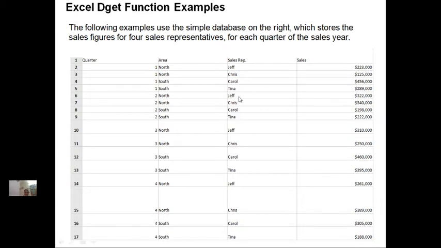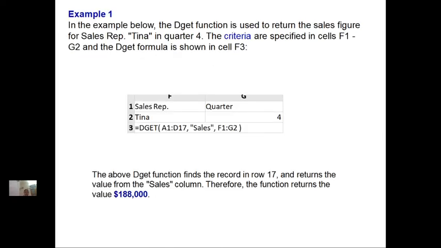For explaining the DGET function, the example he is taking is about the sales representatives. Okay, now let us go to the next slide. In the example below, the DGET function is used to return the sales figure for sales rep Tina in quarter 4.